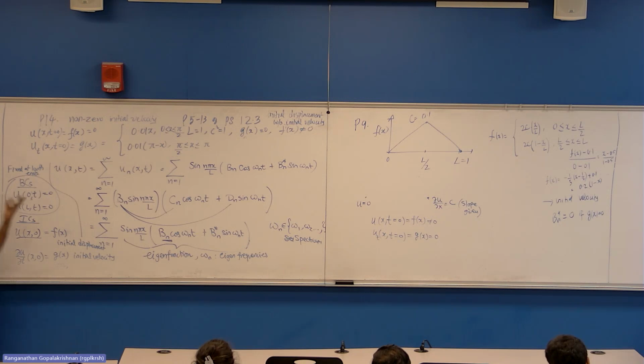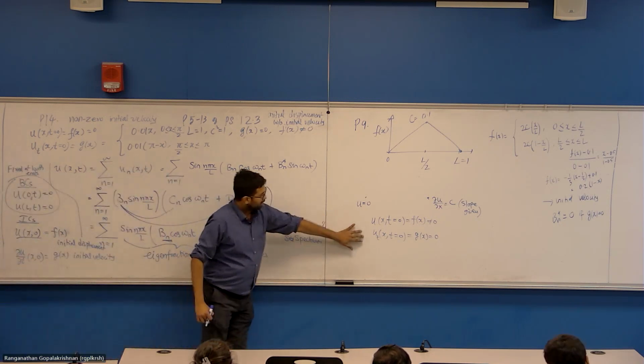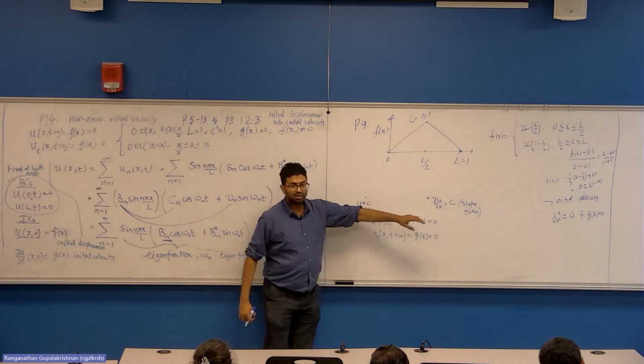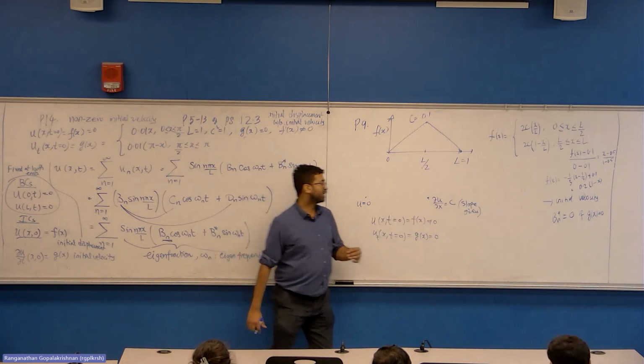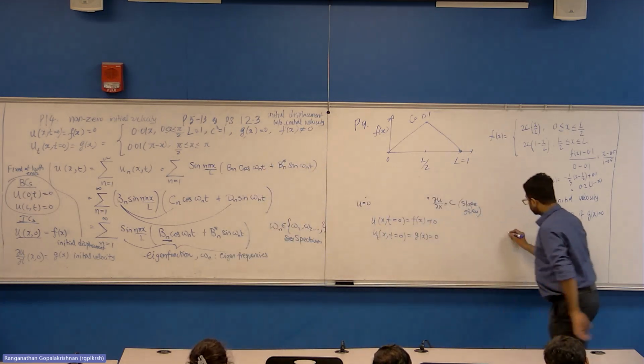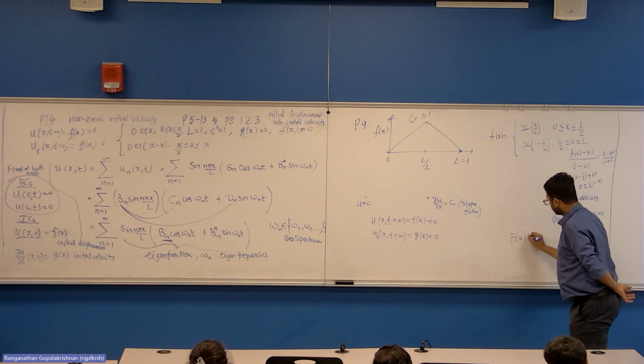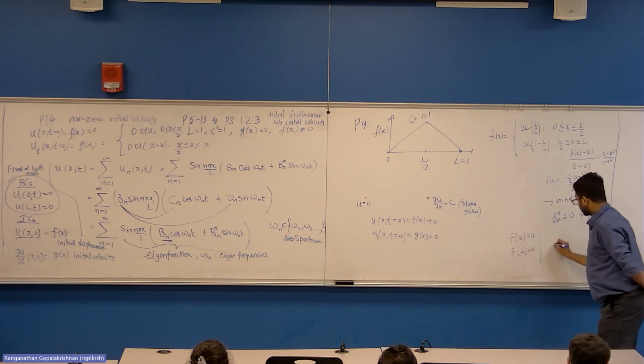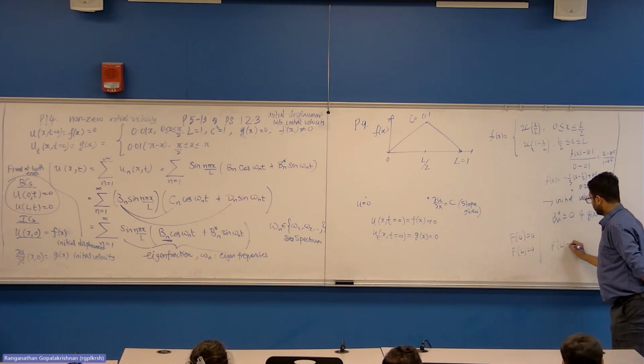So if we do something like this, where you have this to be zero and this to be a slope, where would it change? It would change in the very first step when we said f of zero is zero, and instead of saying f of L equal to zero, we would say f dash of L equal to constant.